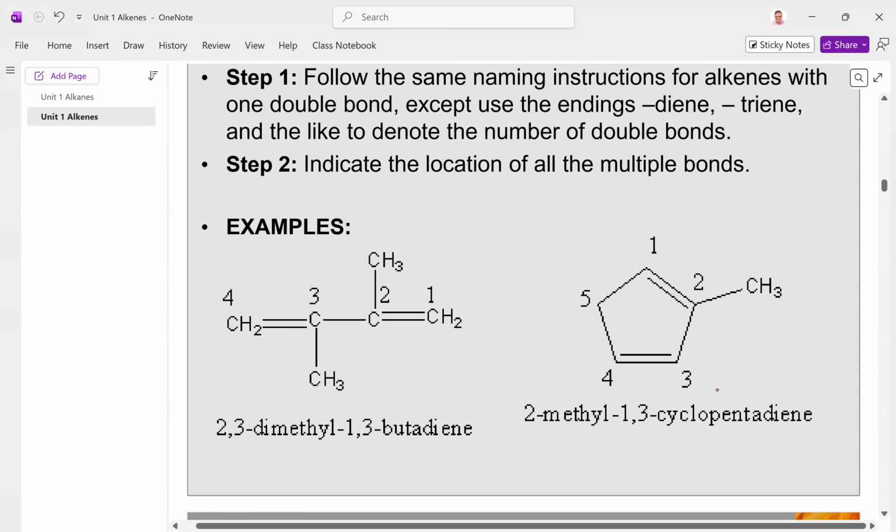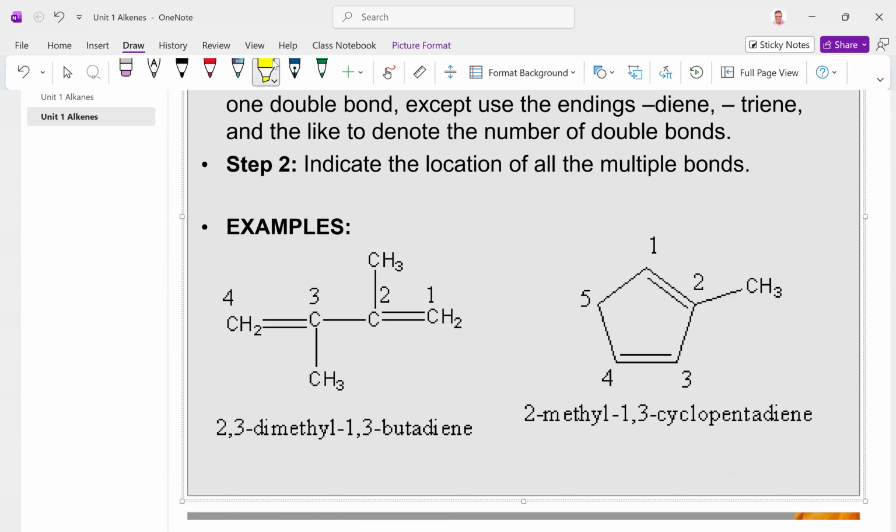Okay, you can have cyclic double bonds. You can have multiple double bonds. Let's look at the multiple one first. Okay, first thing, backbone. It has 2 double bonds, so it's got to include both of them.